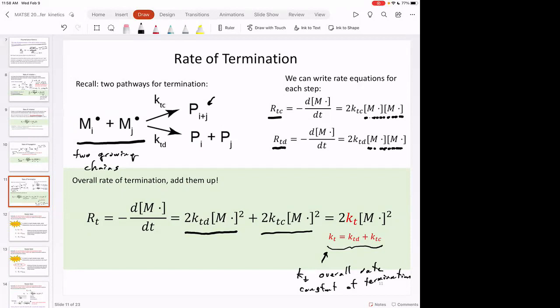Yes. Why are you lumping the M dot into this? M dot times M dot is M dot squared. Yeah, but they're 2 polymers. They are, and it turns out from the statistics of polymerization that it doesn't matter if we track the degree of polymerization of these separately, because there's a lot of degrees of polymerization. And so we don't have to go through and write a separate expression for each degree of polymerization.